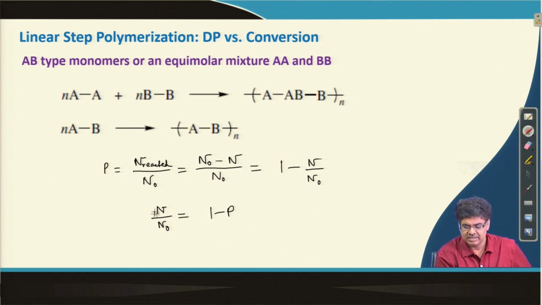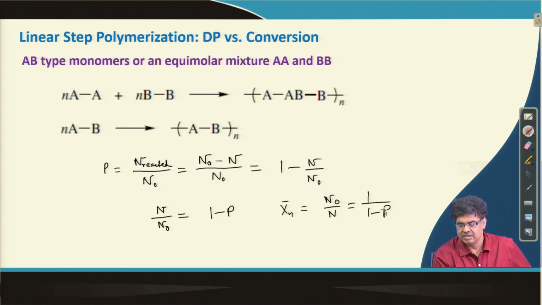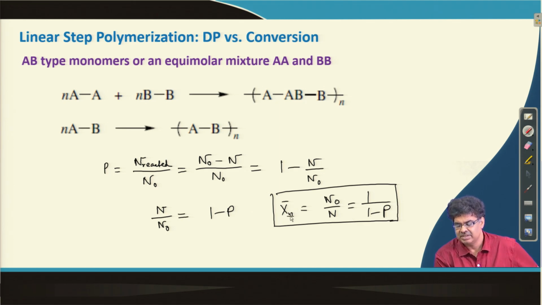Now, what is Xn? We know Xn is n0 by n, which means 1 over 1 minus p. So, this is the expression which we get for number average degree of polymerization.